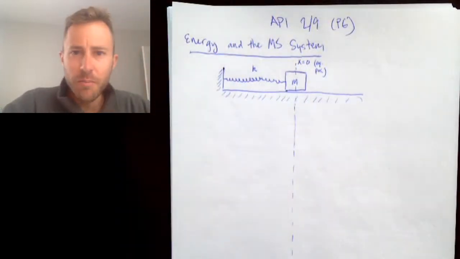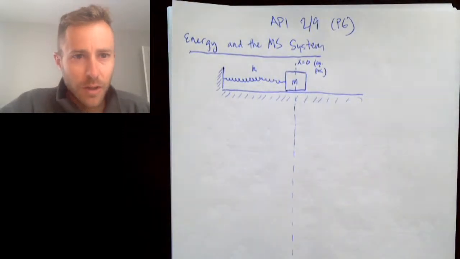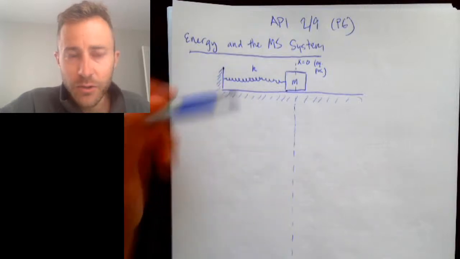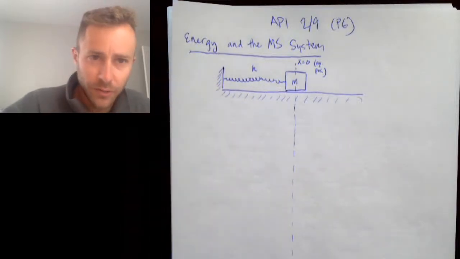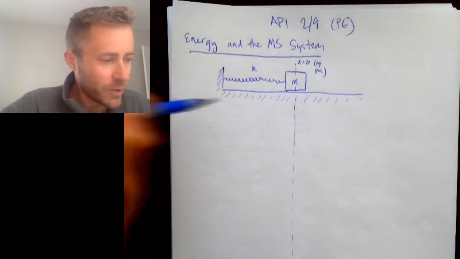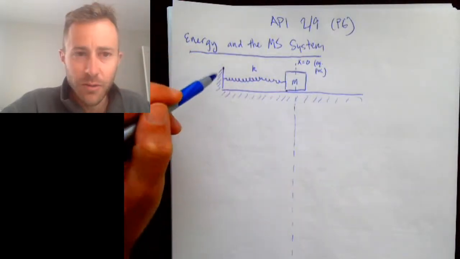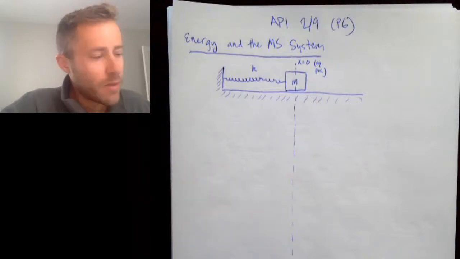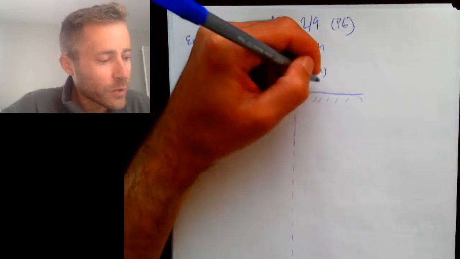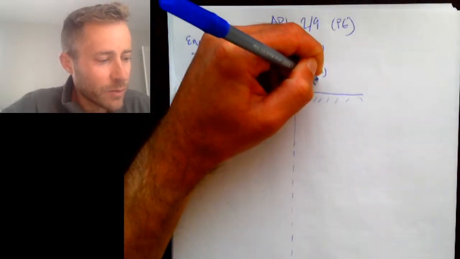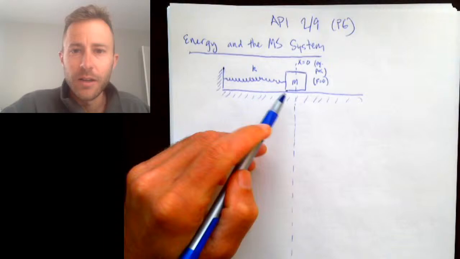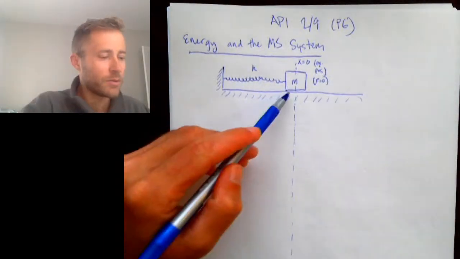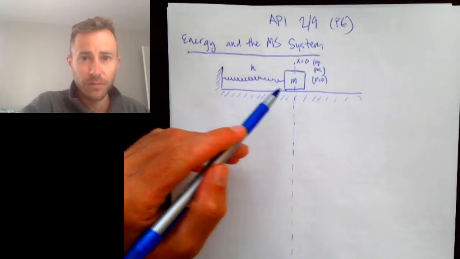Okay, so what does it mean to be the equilibrium position? Well, at the equilibrium position, this spring is neither stretched nor compressed. The spring is just sitting at its natural length. And because it's at its natural length, the elastic force is going to be 0. And so if you start out with the mass at the equilibrium position, it's just going to stay there forever.